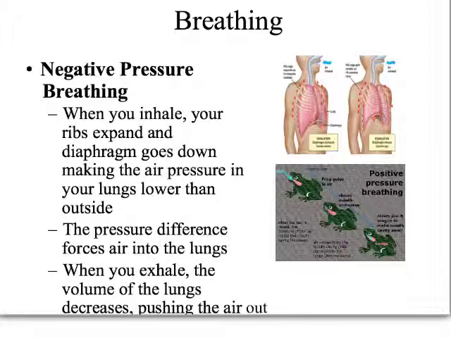So when we breathe, we go through what's called negative pressure breathing, meaning that we don't actually suck in air. It's kind of weird to think about, because you think that you do, but the way it works is when you inhale, you get the signal from your brain, and the muscles around your ribs contract, which expands your rib cage.